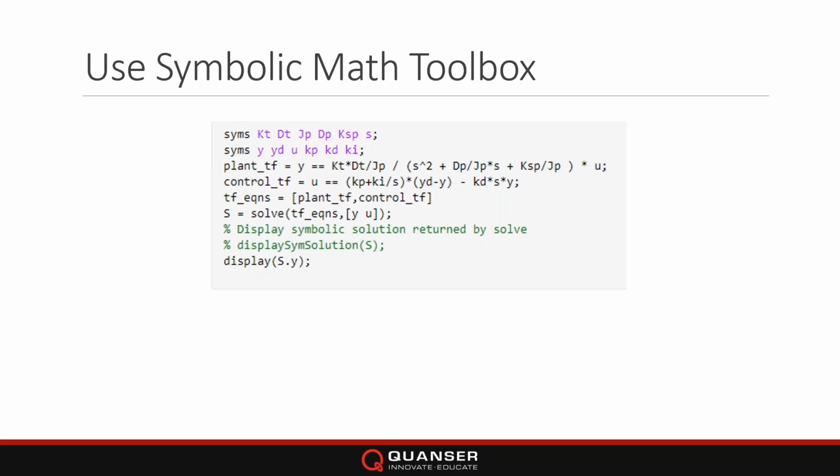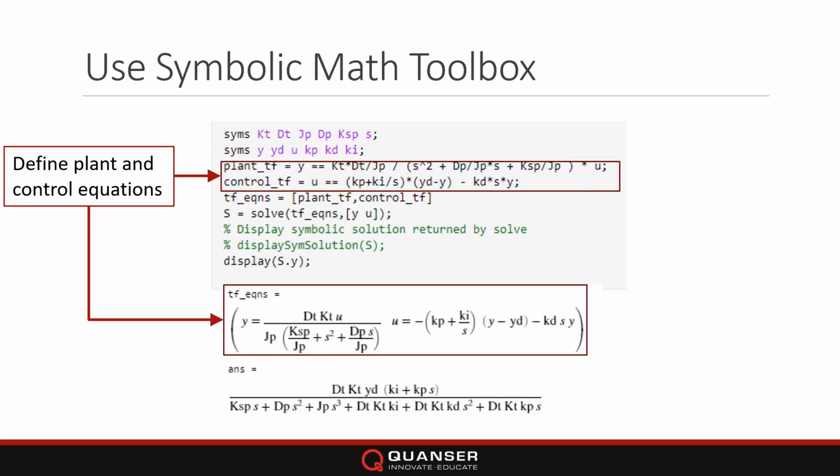We can leverage the Symbolic Math Toolbox. After defining your symbols, you define your plant transfer function and your control transfer function like I did on the previous slide, and you bundle that up inside a variable called TF equations. So you have the Y output pitch with respect to the input, which is the rotor speed, and then you have the PID controller.